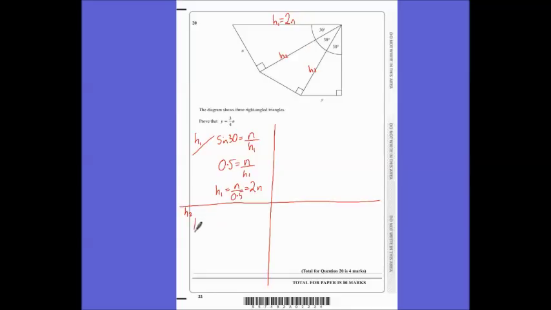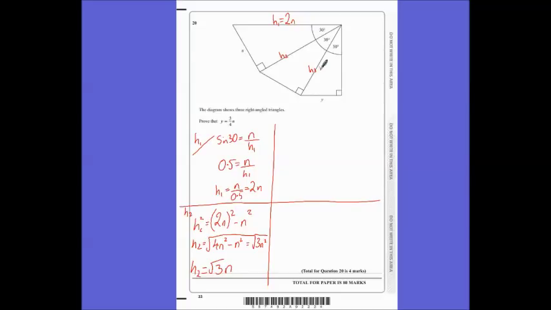So h2 squared would be equal to 2n squared minus n squared. So h2 is equal to the square root of 4n squared minus n squared, which is the square root of 3n squared. So h2 would be equal to root 3 n.